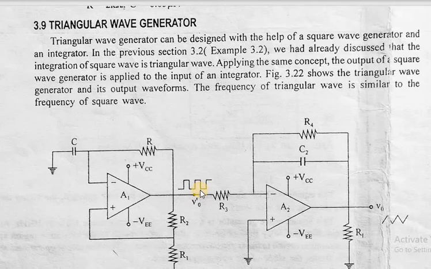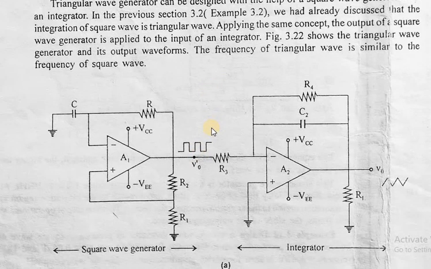So we can make two circuits. One is this, which we have already studied. This is a square wave generator, and this circuit also we have studied when we studied the operational amplifier. This is a simple integrator circuit.